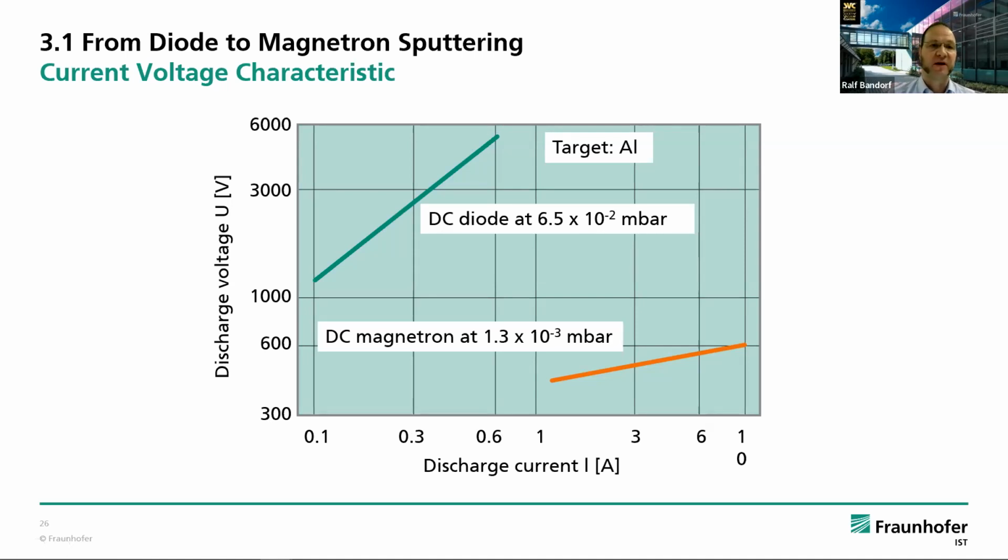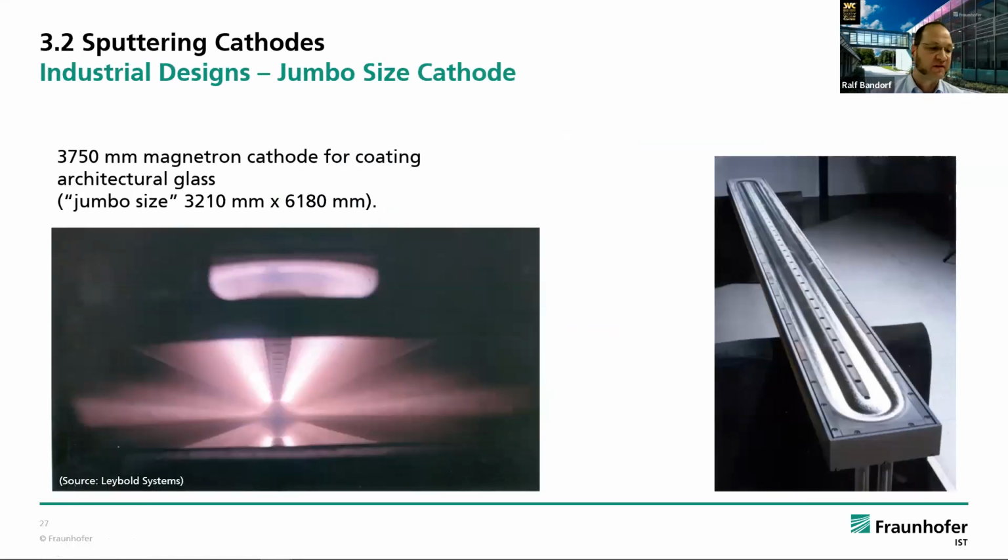With introducing the magnets for the magnetron, you can switch this behavior. You can lower your pressure and you end up with a significantly higher current at way lower discharge voltages. And this was realized, and I will hand this over to Günter again, with different magnetrons and industrial designs for the cathodes.